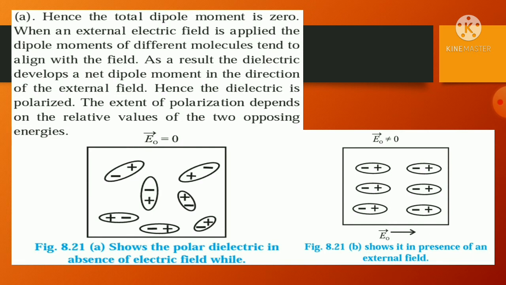Whenever an external electric field is applied, the dipole moments of different molecules tend to align with the electric field. As a result, the dielectric develops a net electric dipole moment in the direction of the external electric field.